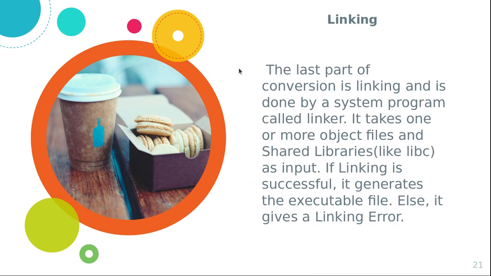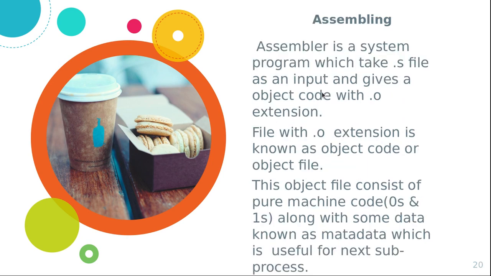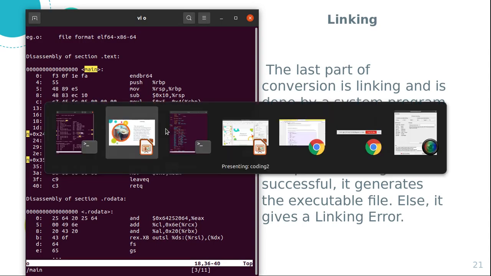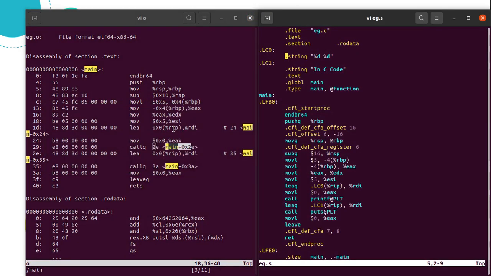Now the last step is linking. Linking means you have object code, something which you can run on a machine. For example, you have food prepared at your home, but now you want to sell it in the market. What will you do? You have to create some other setup. Creating the food is one thing, but when you want to sell it in a market, that's a different concept.